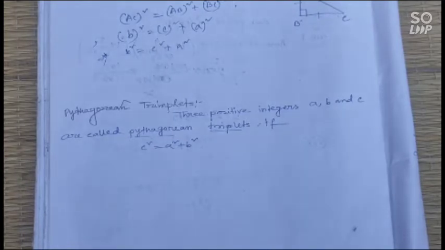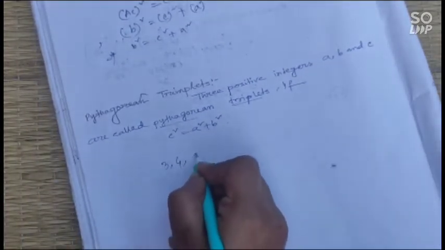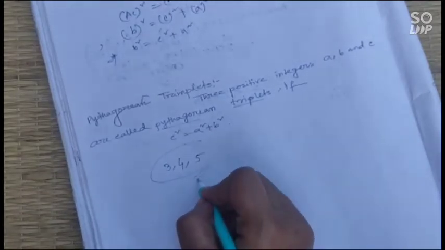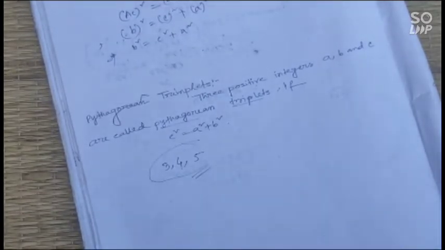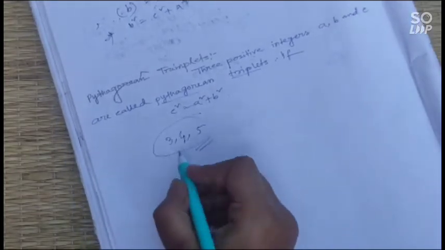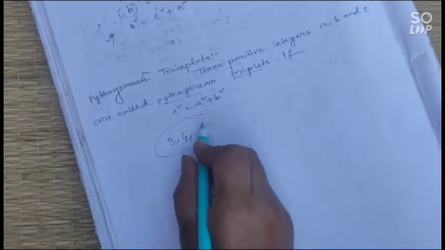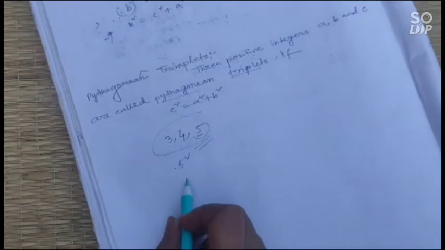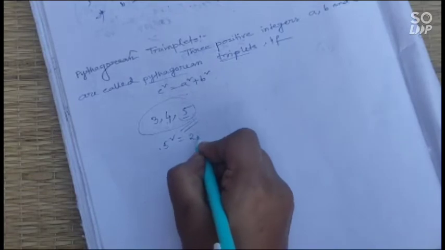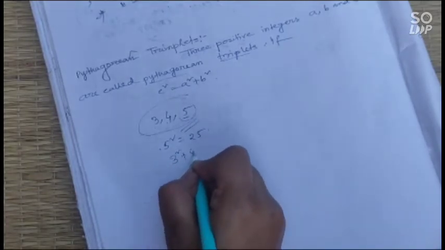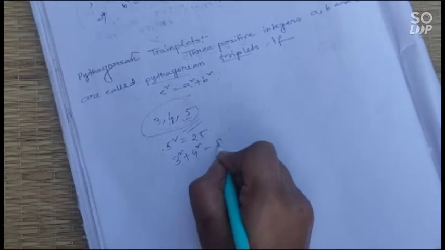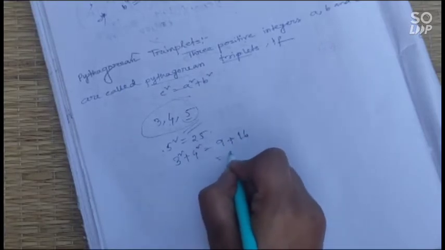Okay, so if I take three numbers, 3, 4 and 5, can you tell me, do these numbers form a Pythagorean triplet? Let us check this. 5 square, this is the value of C. So 5 square equal to 25, and 3 square plus 4 square, that is equal to 3 square means 3 3s are 9, 4 square means 16, so that is equal to 25.